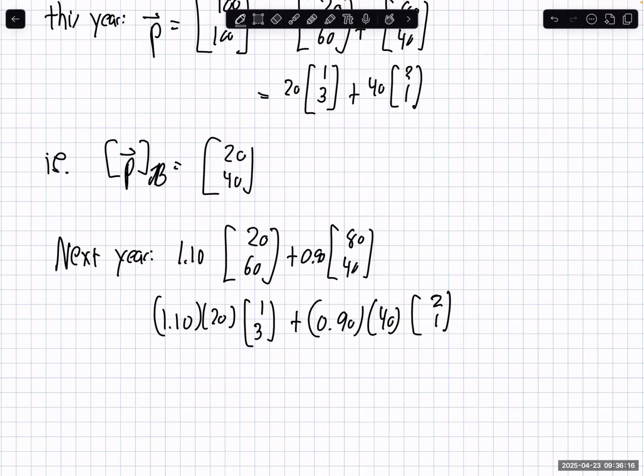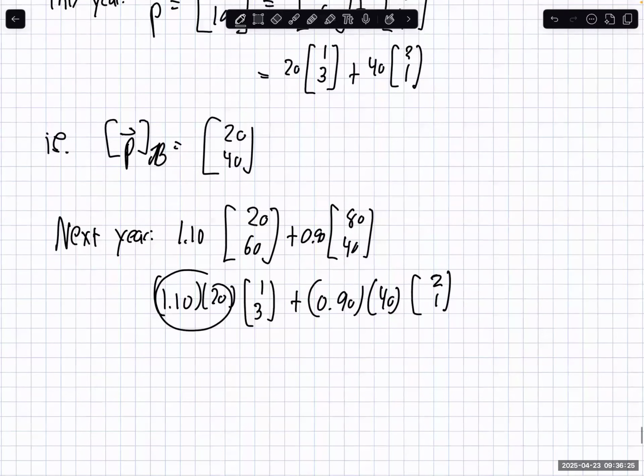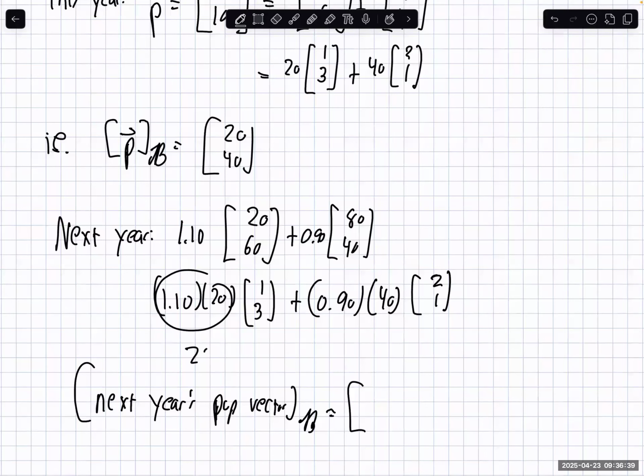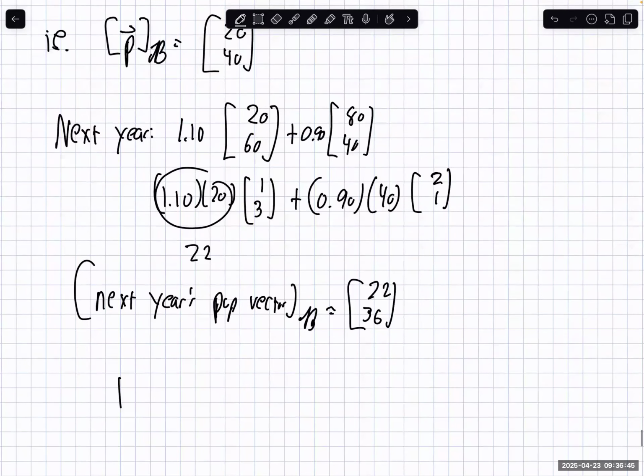Okay, or another way to say it is, now this is the 20 increased, so write it this way. Next year's population vector relative to B is 22, 36. So let's write it this way.